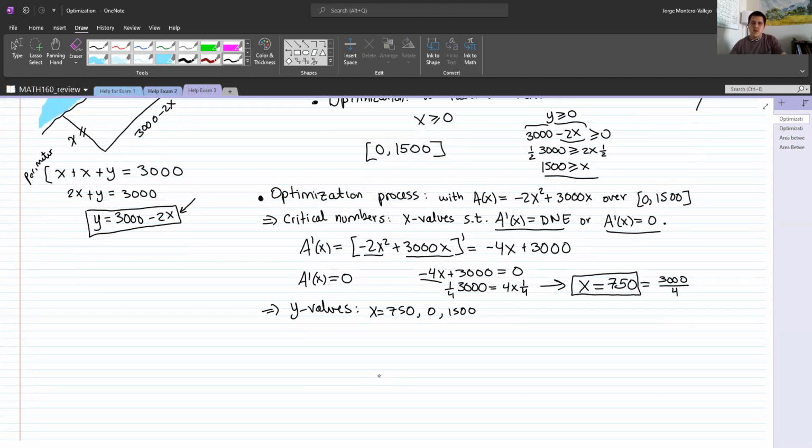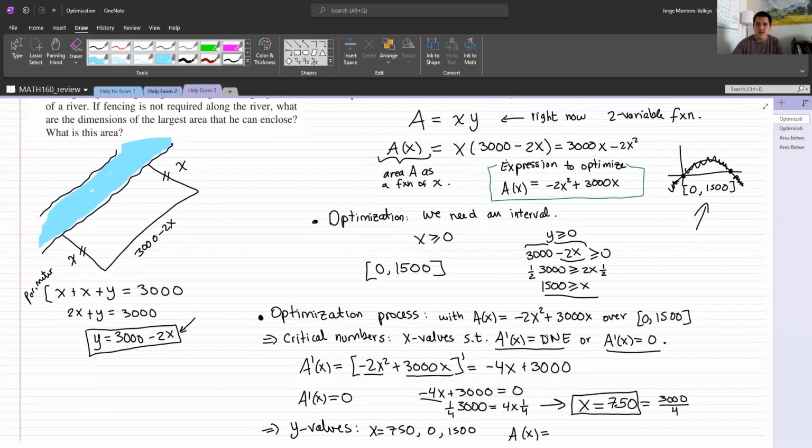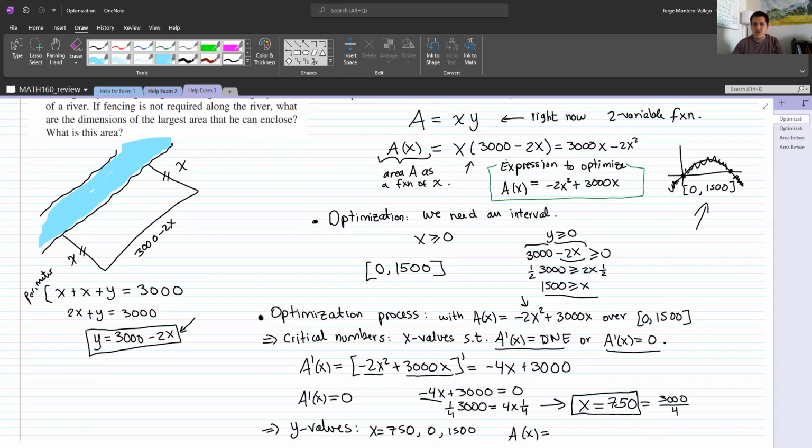Now, when it comes to plugging in these x values to get the y values, it would be easier to use the function for the area that we wrote first, like this one up here, instead of using this one over here. Why? Because we are going to plug in numbers this big, and squaring that is not going to be fun.